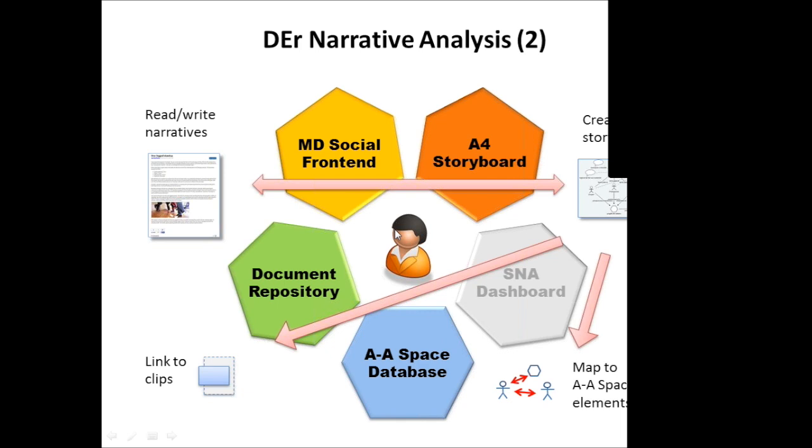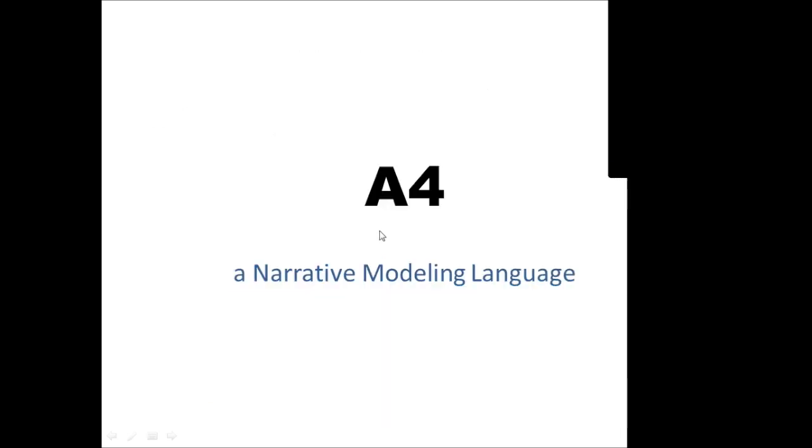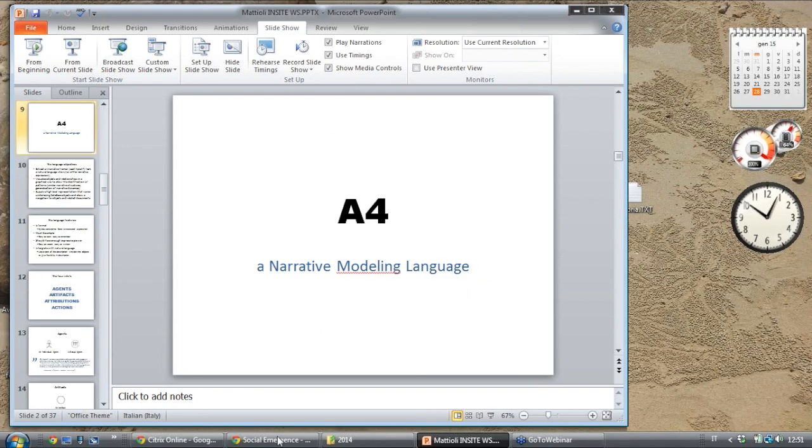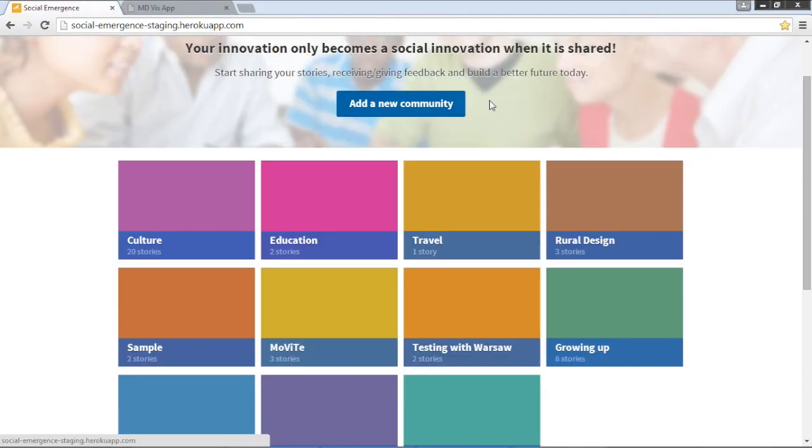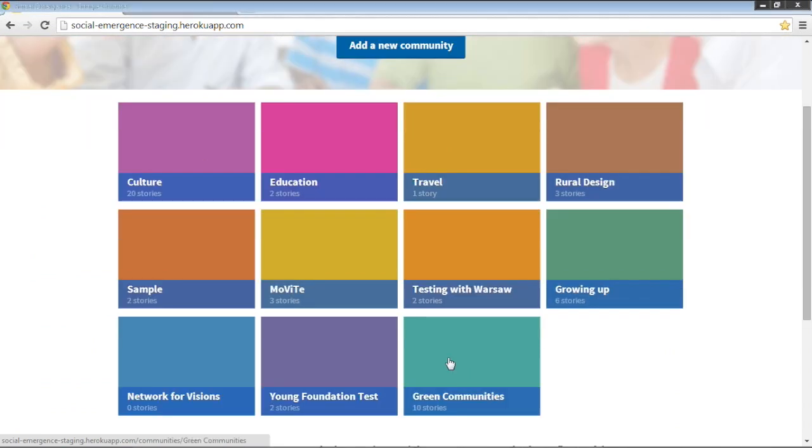So before talking about the language, but I don't think I will have enough time, I would like to show you the platform on the web. So let's come back from another browser, of course, to the same portal interface that Valentina has shown. And this is the portal. This is where our users are expected to enter and find their community.